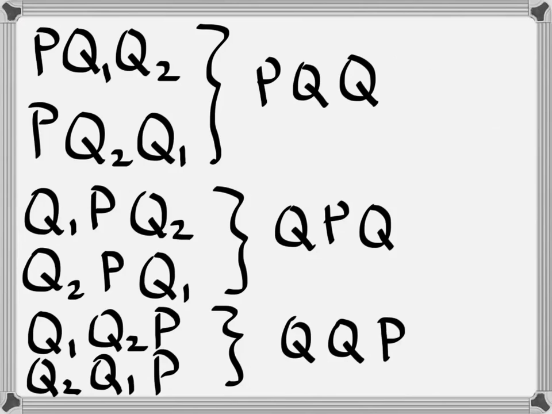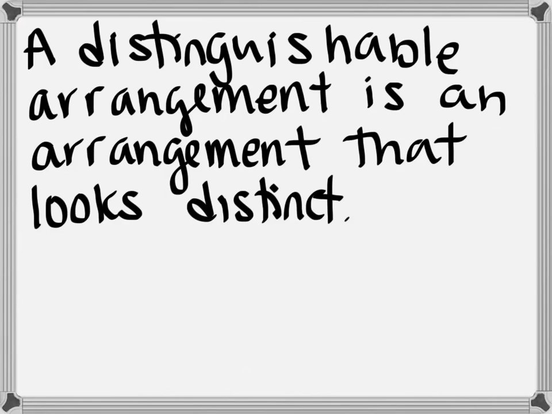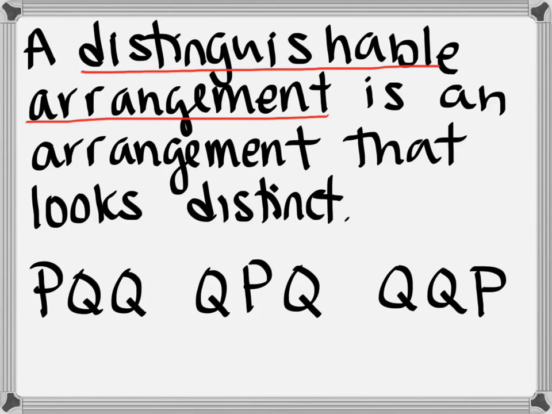Those 3 would definitely look different from one another. Hence, they are distinguishable. A distinguishable arrangement is an arrangement that looks distinct. So for our last example, we had the 3 distinguishable arrangements, even though there were 6 total ways to arrange them.